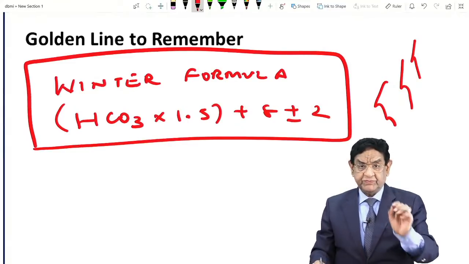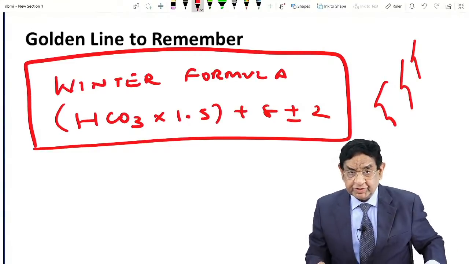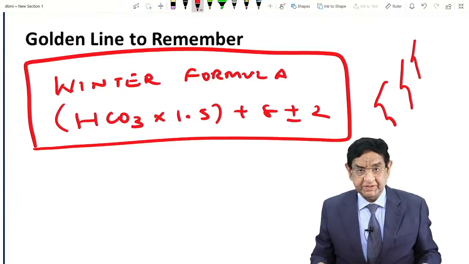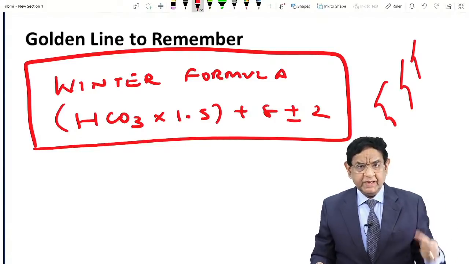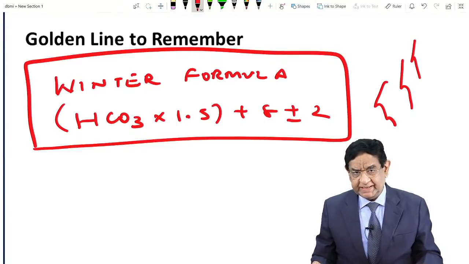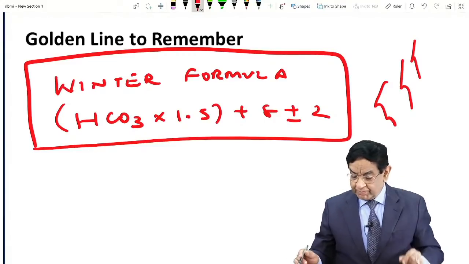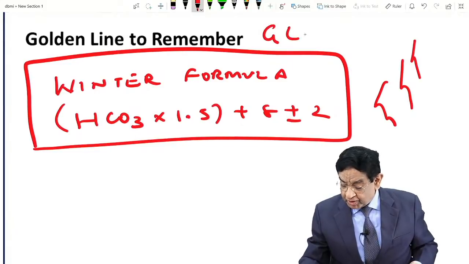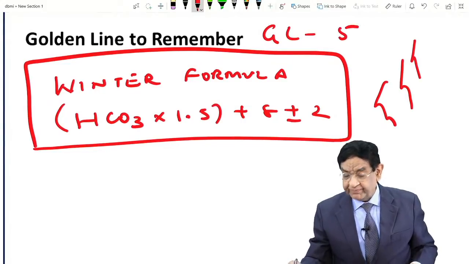If you know this formula, you can solve any question on the entire acid-base disturbance. I promise you that I will make you revise the entire acid-base in only 10 seconds. So you have to remember this golden line, number 5.